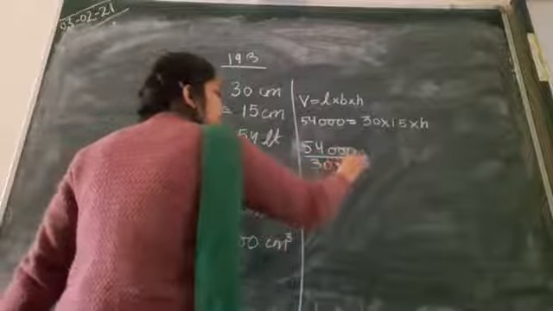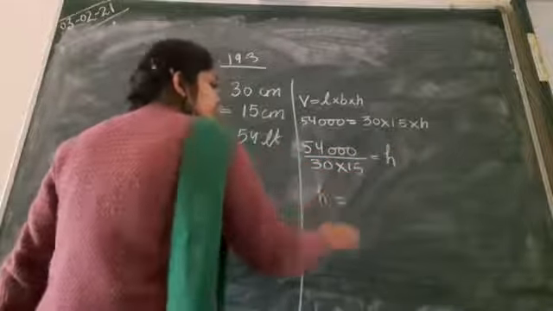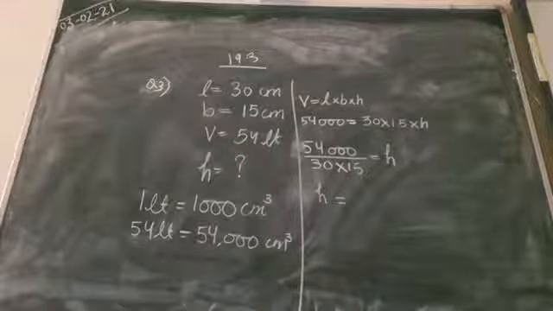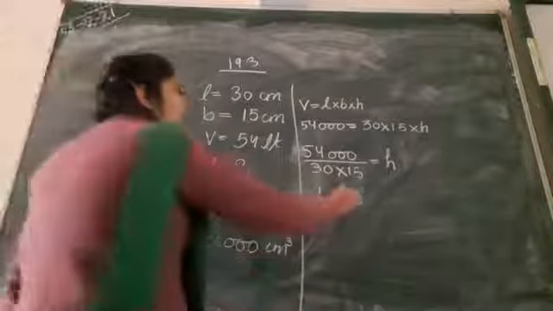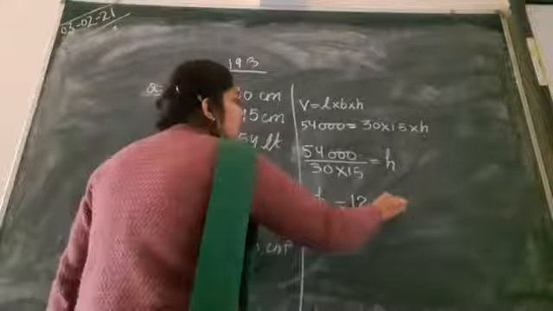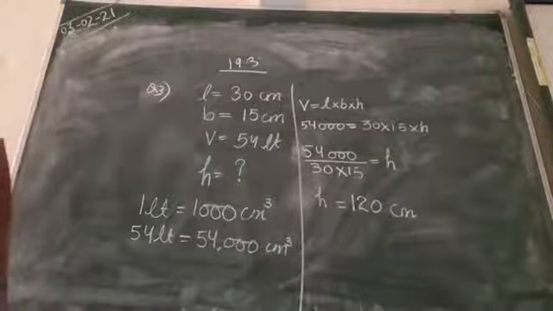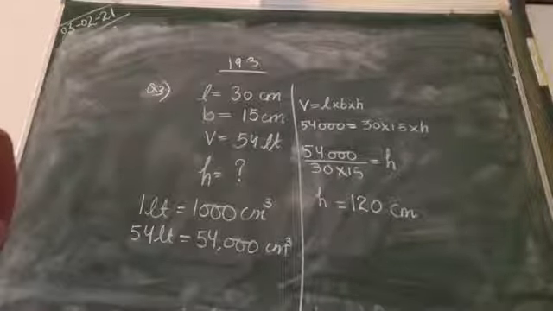Calculate it and tell me how much you are getting. 120. What about other students? So after solving this, your height will come out to be 120 centimeter. Therefore, depth of the rectangular water tank is equal to 120 centimeter.